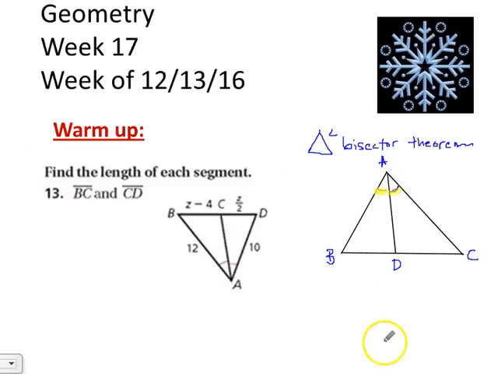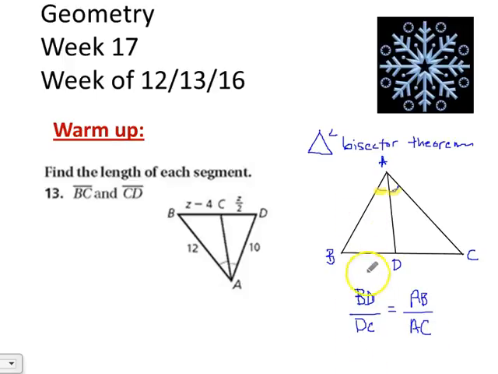So I can say that this side length at the bottom, BD, over the other side length at the bottom, DC, is equal to, going back to this side of the triangle, this side AB over this side AC.